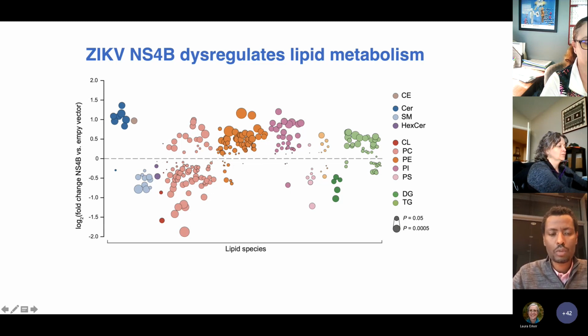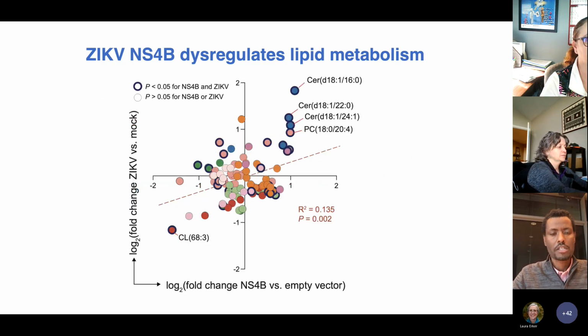And then what is really striking is that we see a very distinct change within the sphingolipid species. There are changes in other species, but if you look at the changes within the sphingolipid pathways, it is very stark. Ceramides are highly enriched, and the sphingomyelins are reduced. So one way of looking at this is, what are the lipids that are enriched in infected cells and NS4B transfected cells.